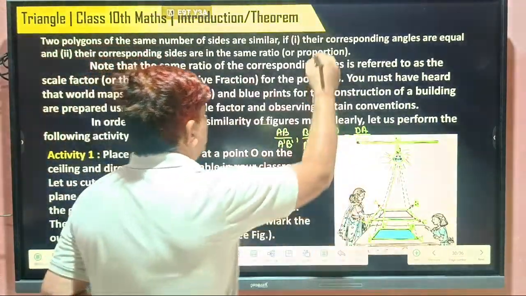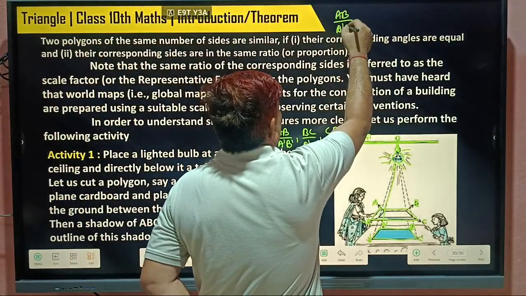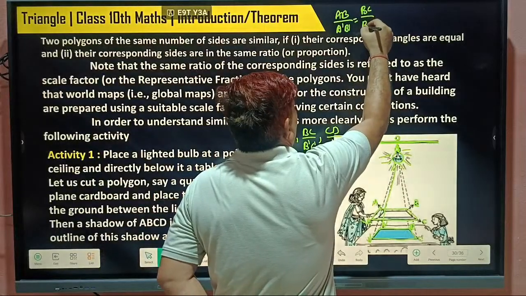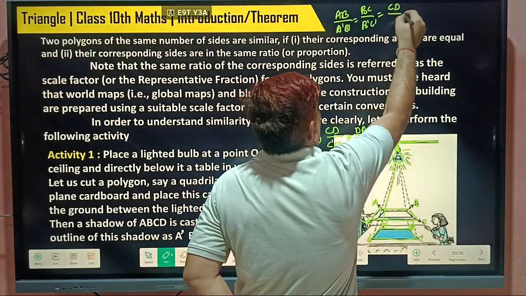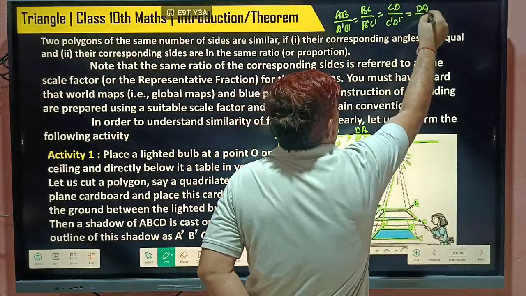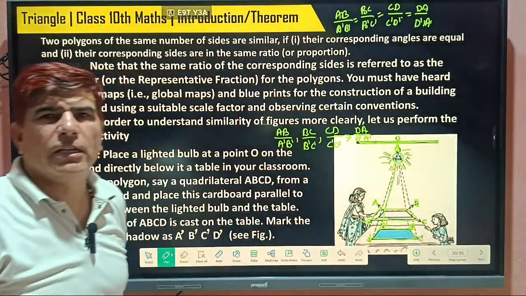What's its meaning? AB by A dash B dash equals BC by B dash C dash equals CD by C dash D dash equals DA by D dash A dash. Definitely they are equal.